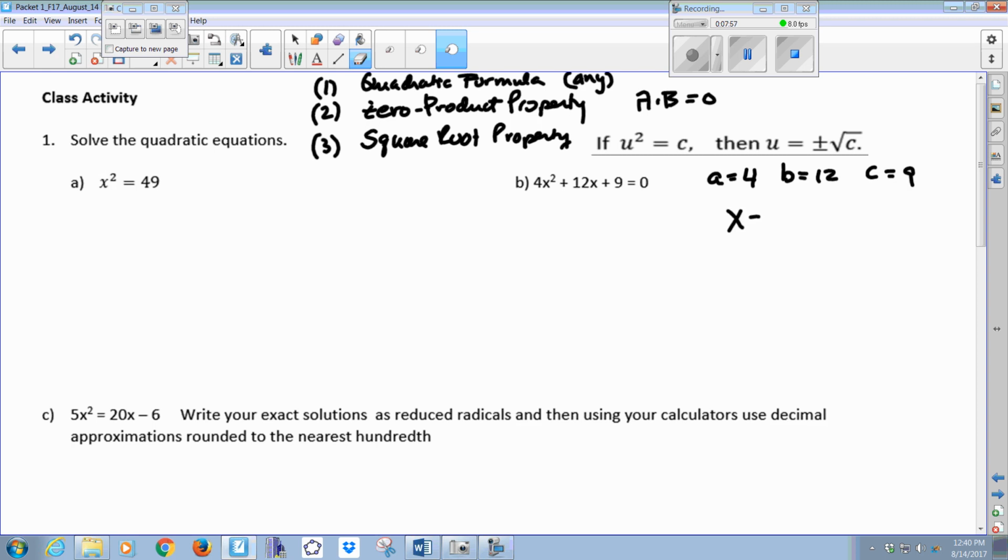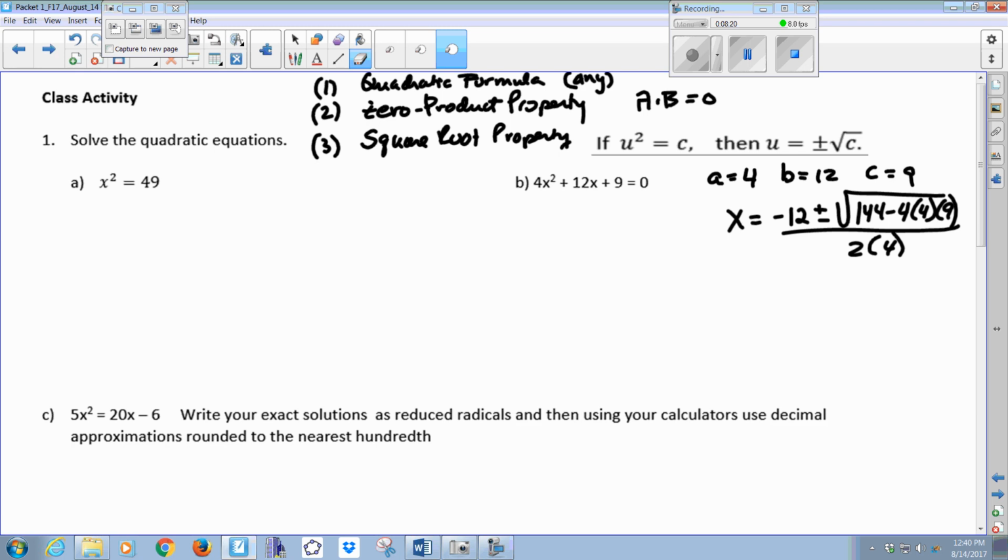And so you might just think, okay, I'm going to use my quadratic formula, the opposite of B, B squared, 144 minus 4 times A times C, all over 2 times A. As you can see, you'd have to go ahead and do some work here to get to the answer, but you can do it.